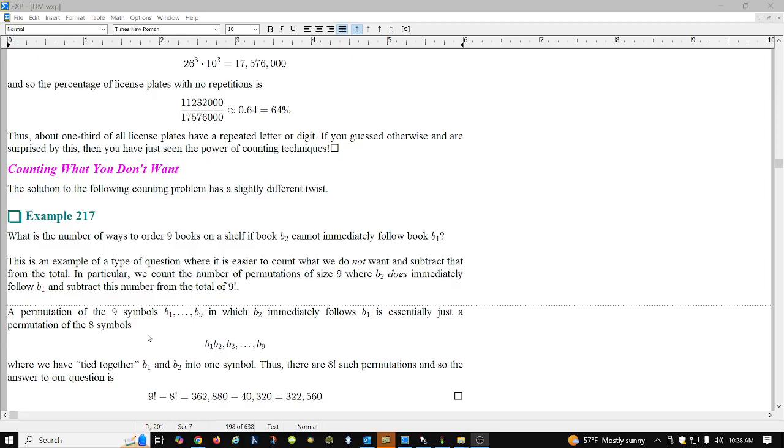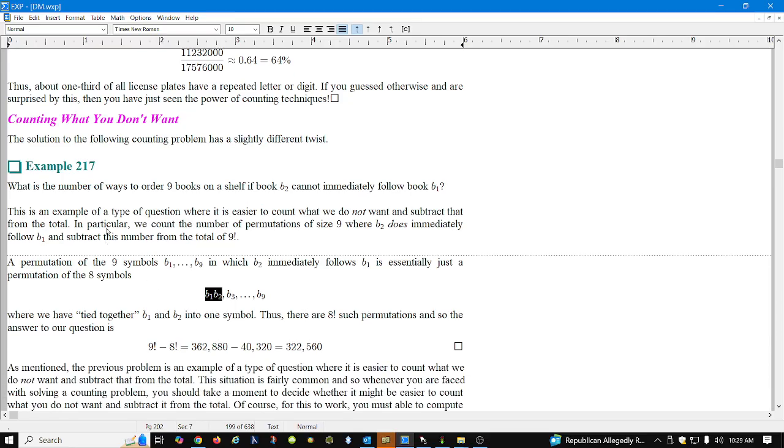Now, a permutation of the 9 symbols, B1 through B9, in which B2 does immediately follow B1, is essentially just a permutation of 8 symbols. If you glue B1, B2 together like this and treat it as a single symbol, you have 8 symbols, and there are 8 factorial permutations of these symbols.